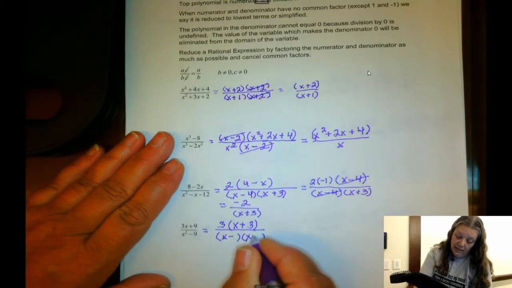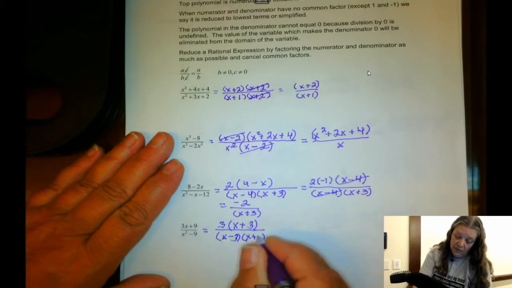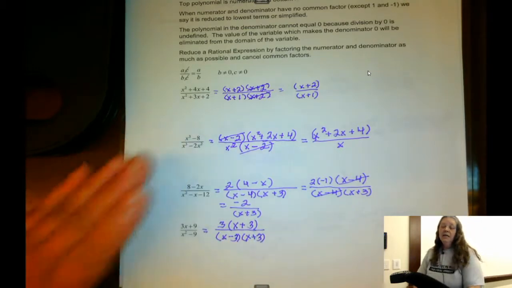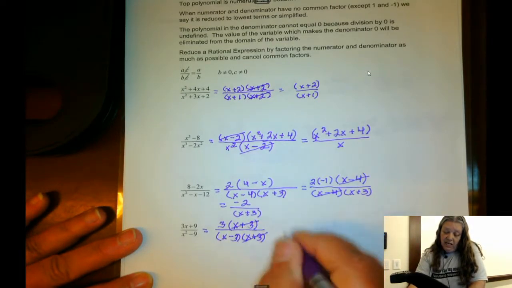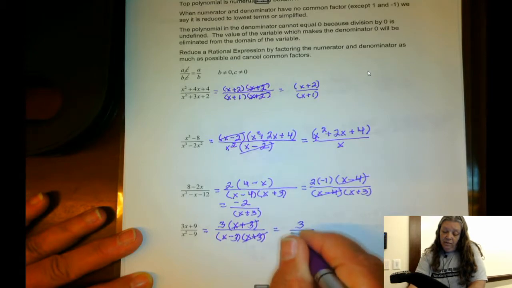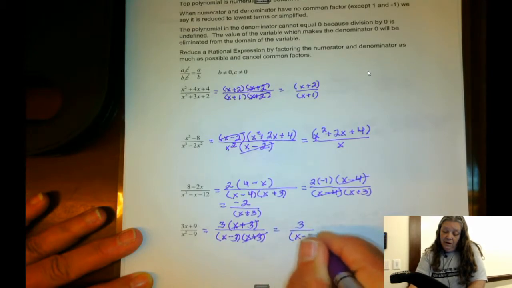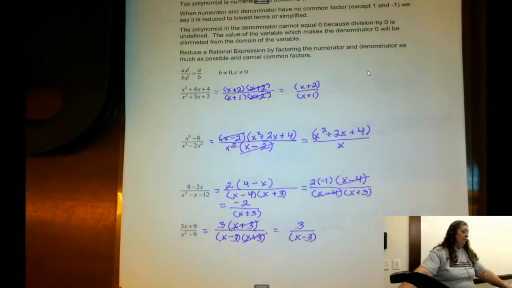We have a minus and a plus. The square root of 9 is 3. So we have x minus 3 times x plus 3. X plus 3 cancels. We're left with 3 over x minus 3 as our reduced or simplified form.